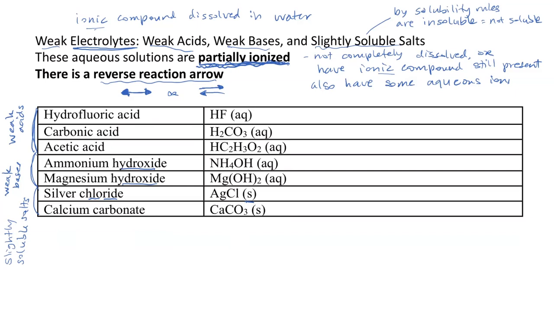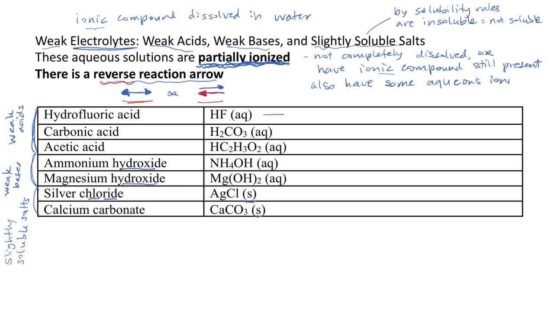Okay. And so it'll still be written as solid, like these both are solid instead of aqueous, but you'll still get some partial ionization. So here's how to indicate these. And the key is that you have this reverse reaction arrow. So you either have the double-headed arrow or the two arrows, including the reverse reaction, that's this one going backwards. Okay. And so let's draw what you have for hydrofluoric acid.